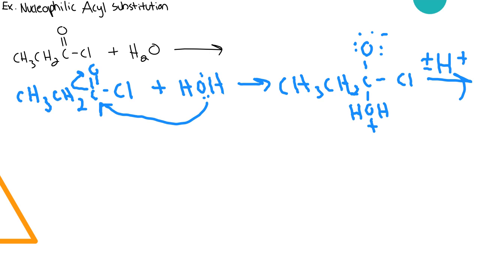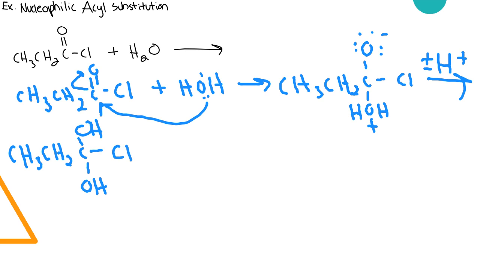I'll transfer hydrogen, make an OH group here, an OH group here. And this chloro group is a good leaving group. It wants to come off. So a lone pair of electrons from oxygen will come down to reform a double bond and push that chlorine off.